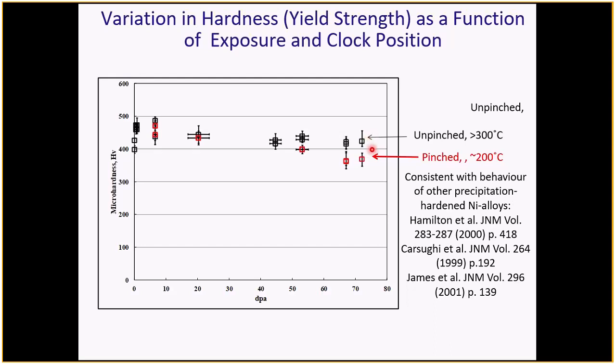What's interesting here, we see the same temperature dependence as we did with the LANSCE program. So what we see with our Inconel X750 is consistent with other precipitation hardened nickel alloys. That's good. At least we know that.